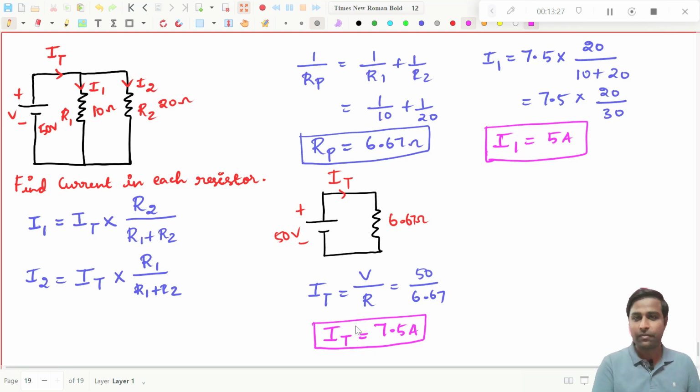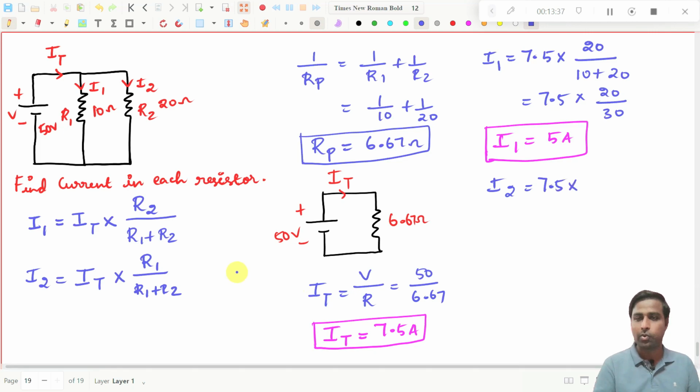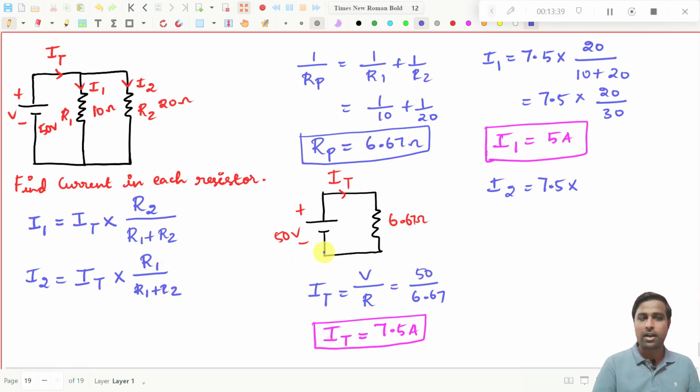Then to find I2, I2 will be equal to IT, which is 7.5 amperes, into R1, which is 10 ohms, divided by R1 plus R2, 10 plus 20.